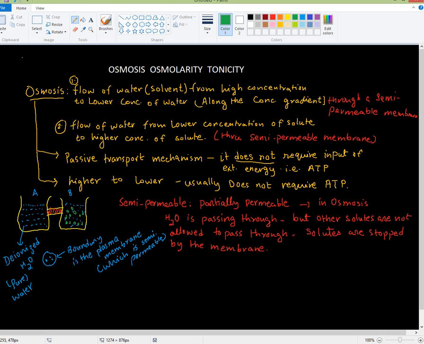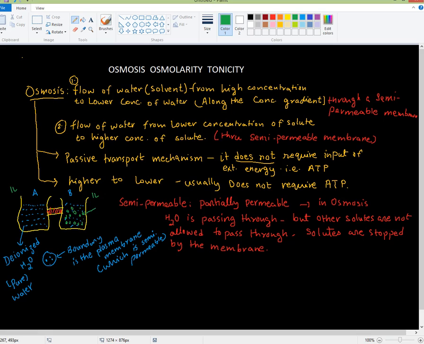Okay, so if the volume here is 1 liter, and here is also 1 liter, the concentration of water is higher in beaker A than in beaker B, because in beaker B there is less water and more solute, different other solute particles.